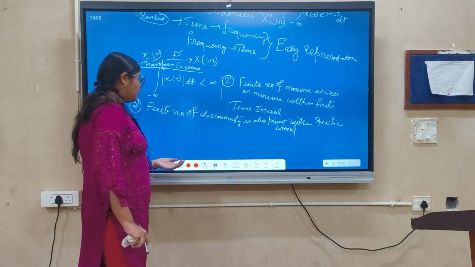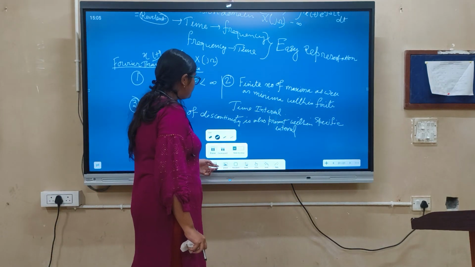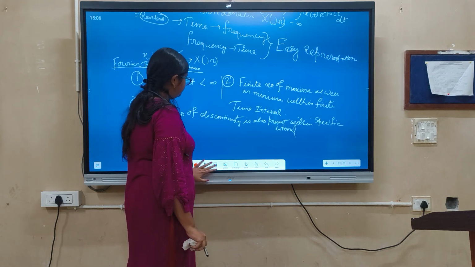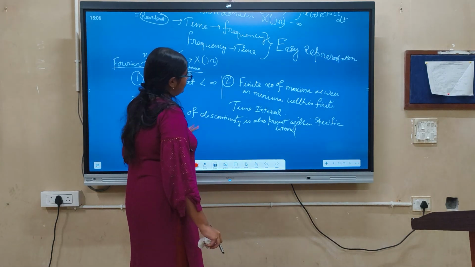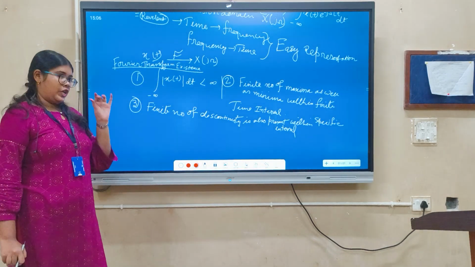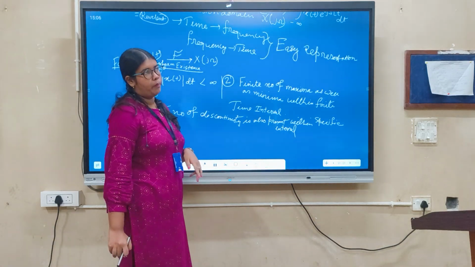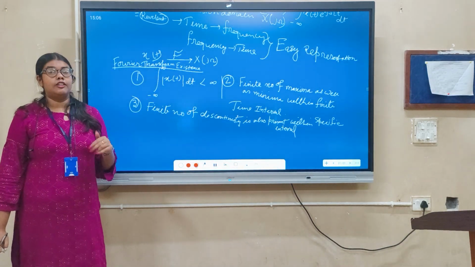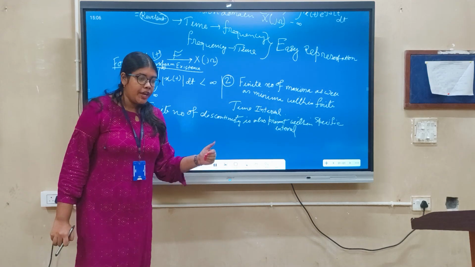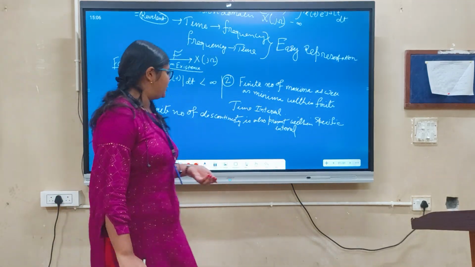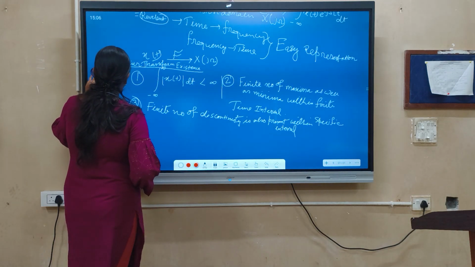Right? Now, the next one is what? That is properties. When we are talking about different properties of Fourier transform, we have to know the properties which we already know in time domain.